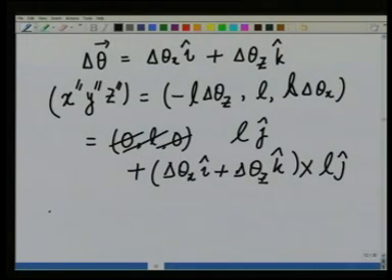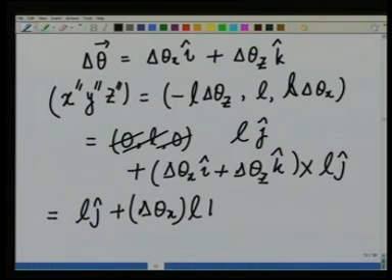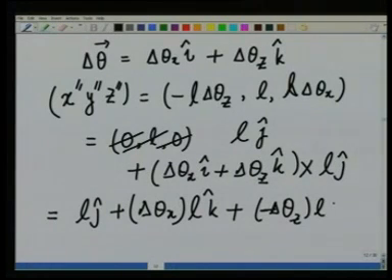This would be, by the definition, L j plus i cross j is k, so delta theta x times L k, plus k cross j is minus i, so minus delta theta z L i, which is precisely the same as this.